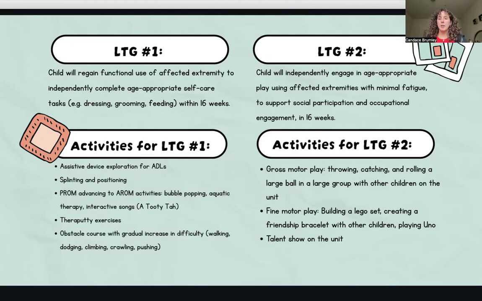So gross motor play, throwing and catching, rolling a large ball with a large group with other children. Fine motor play, like building a Lego set, creating a friendship bracelet with other children on the unit, playing Uno, and something like a talent show on the unit where everybody can participate and that social aspect is really emphasized.